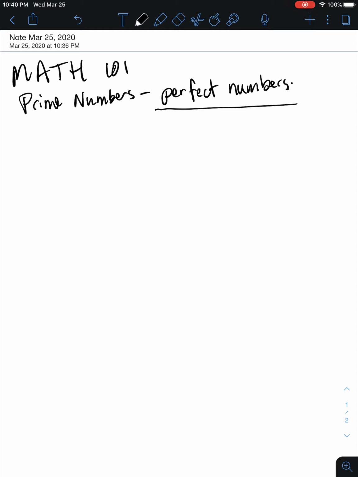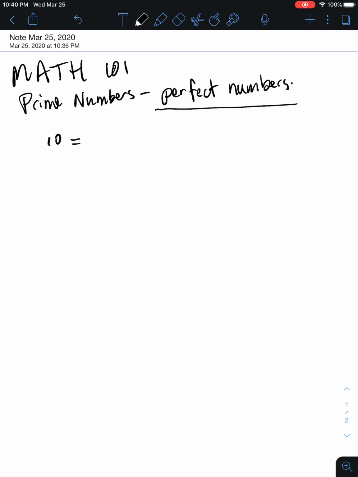So let's take a look at some examples. First, we're going to look at some numbers that are not perfect, and then we're going to look at some numbers that are perfect, just to see what the relevant property is. So let me take the number 10, and what I want to do is to write down all the divisors of 10.